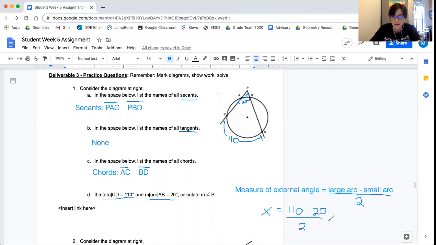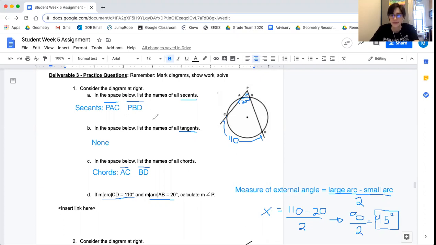So if I work this out, I get 90 divided by 2, which is 45 degrees. So there's my answer. The important thing is to label. If an arc is your X, you'll just label what your X is. As long as you only have one variable and all your other numbers are filled in, you're going to be able to solve, whether you're solving for the arc or the exterior angle, the external angle.